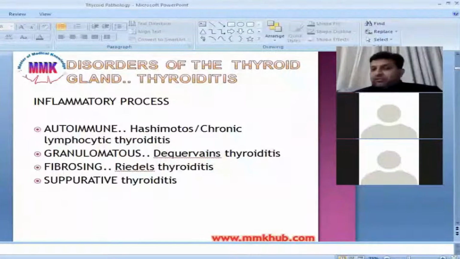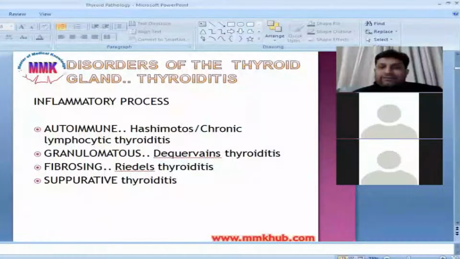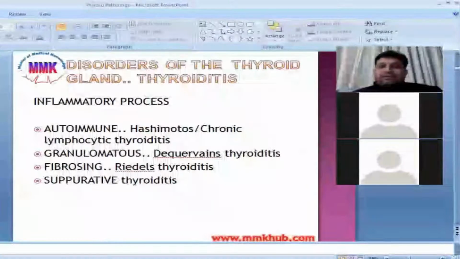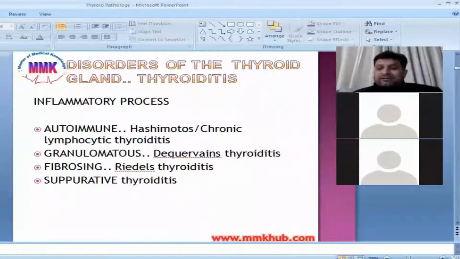Examples are Hashimoto's thyroiditis and chronic lymphocytic thyroiditis. Or it can be granulomatous thyroiditis, which is de Quervain's thyroiditis. An example of the fibrosing type is Riedel's thyroiditis, and last is suppurative thyroiditis. These we will discuss in detail in the lecture on thyroiditis.